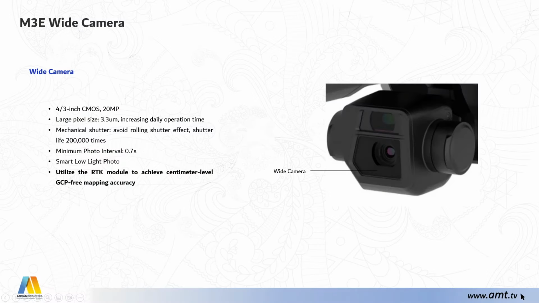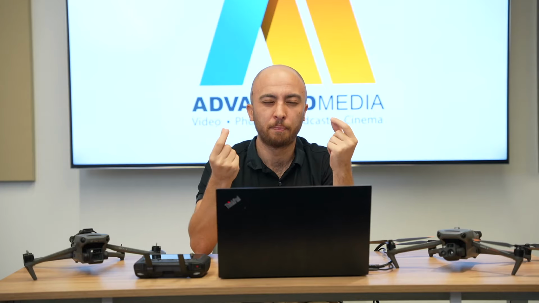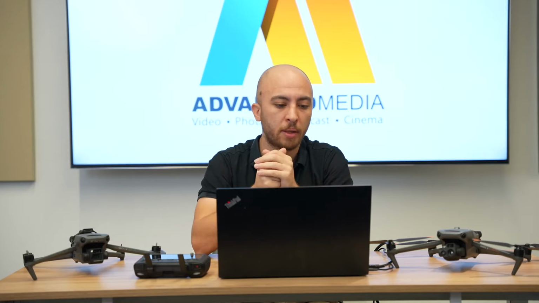So the wide camera of the Mavic 3E has a very big sensor size compared to the old versions, 4/3-inch CMOS, 12 megapixel, and the good thing is they increased the pixel size to 3.3 micrometer, and this is really good because the bigger the pixel size, the more light and the more color the photo will capture, even in a somewhat low light environment.